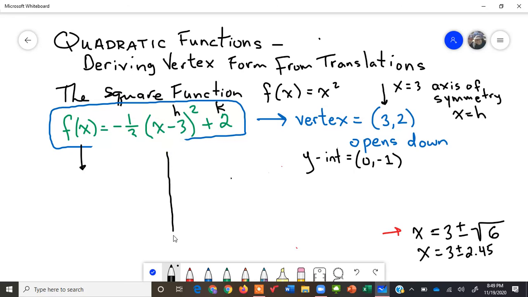And if we graph this, we have 0, negative 1. Our axis of symmetry, 1, 2, 3, is at x equals 3. The vertex is always on the axis of symmetry, and that's the point 3, 2.